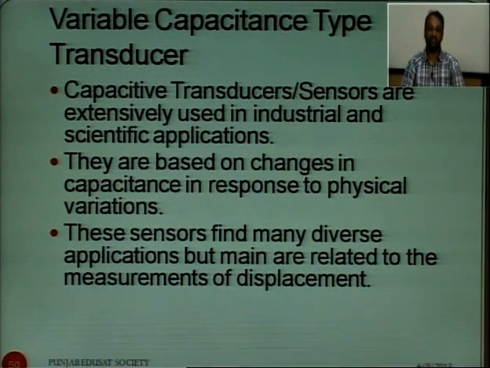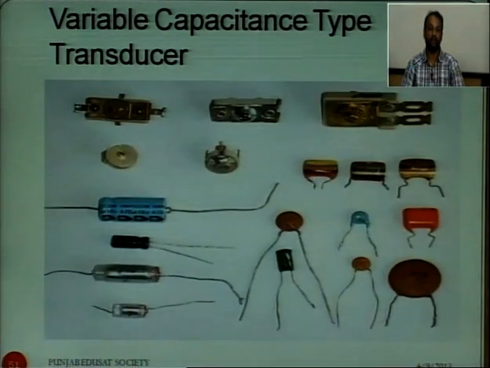These sensors find many diverse applications, but the main ones are related to the measurement of displacement. These are the various types of capacitors used in the capacitive type of transducers.